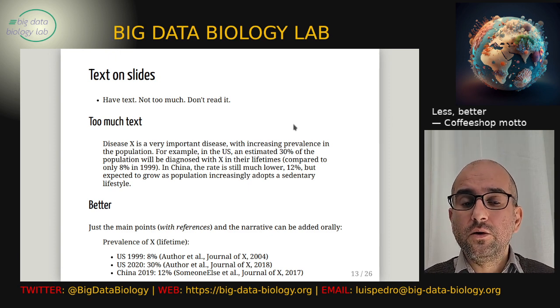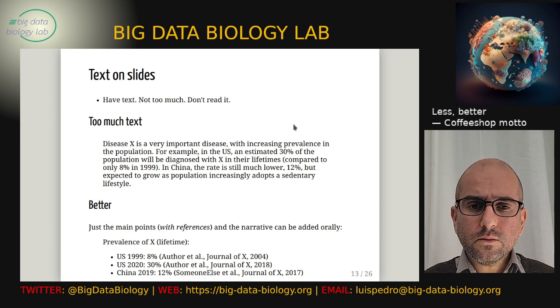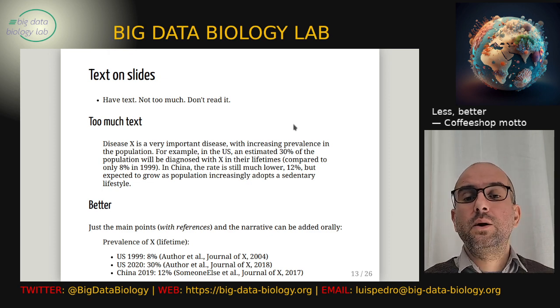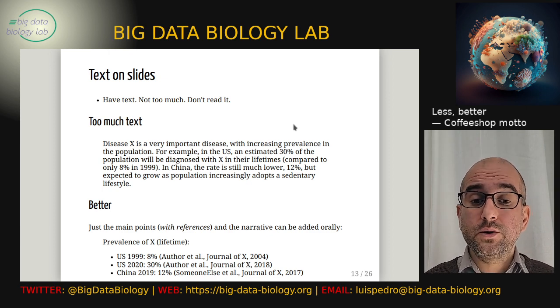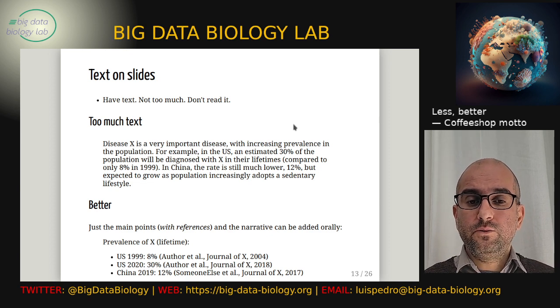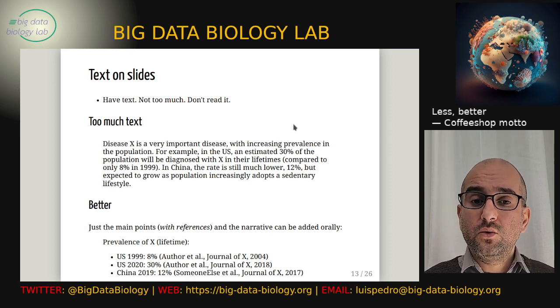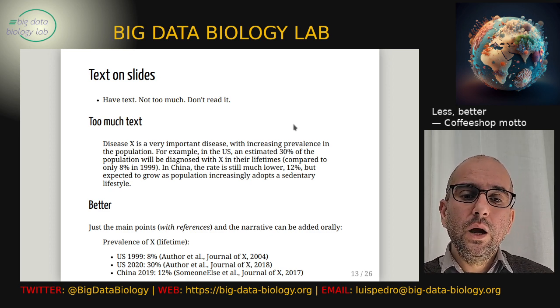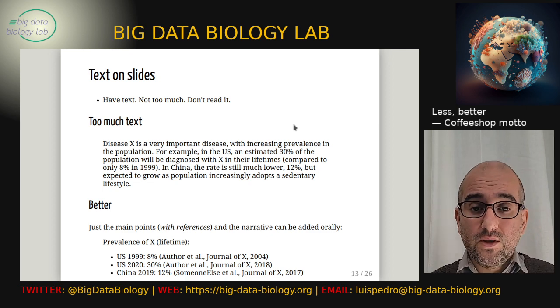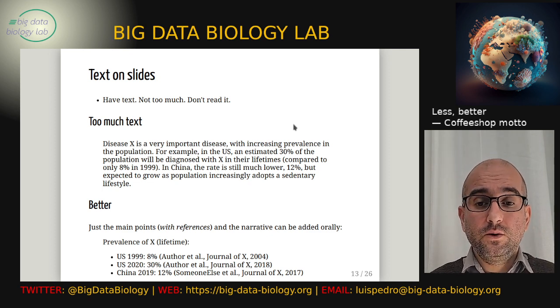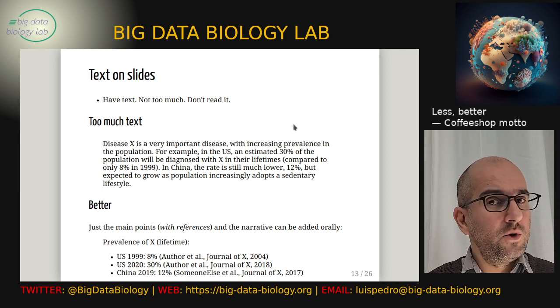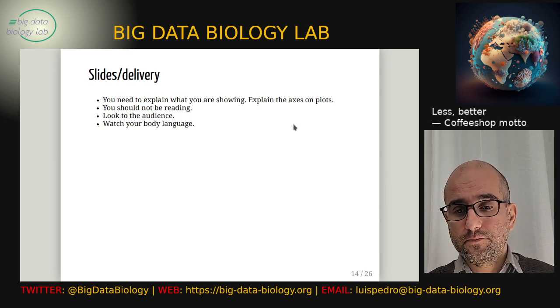This is better written down. People can also find these references more easily if they have the actual name of the author instead of trying to find the right spelling. And then all of this narrative you can add orally. So have text, not too much, and don't read it.